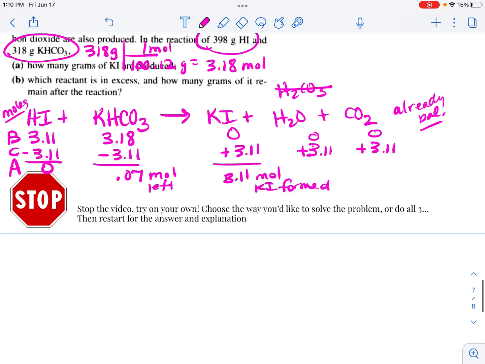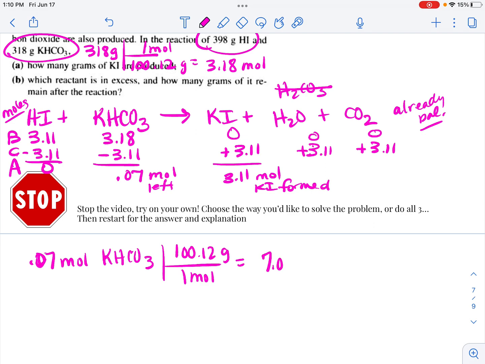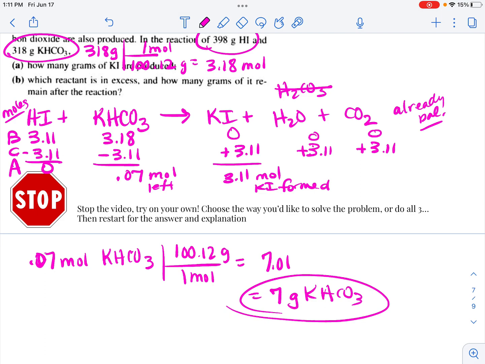All right, so now this becomes super easy because I can take 0.07 moles of KHCO3, convert it back to grams using the 100.12 grams per mole, and I have 7.01, or 7.0084. Technically, this is only 1 sig fig. I don't particularly like that, but we would say 7 grams of KHCO3 left.